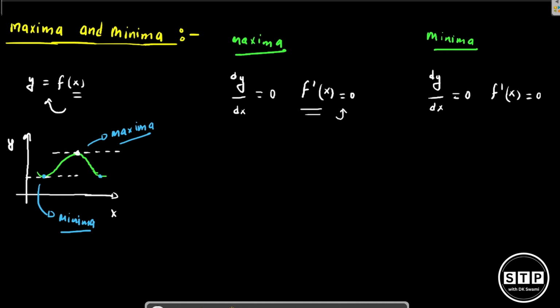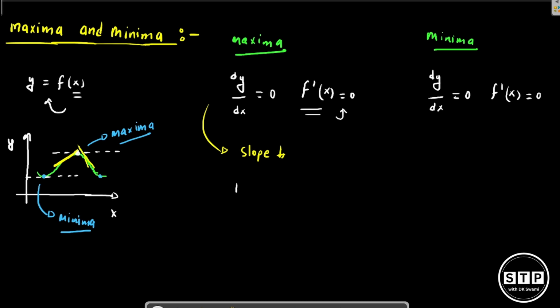If you look at the maxima, the slope is gradually becoming 0. Initially it was positive, now it's becoming 0, and later on it becomes negative. So you can say at maxima the slope is decreasing. Can you say that the rate of change of slope is negative?